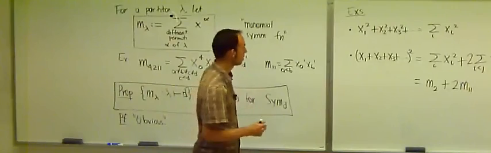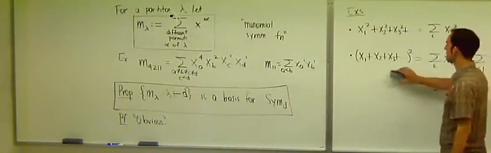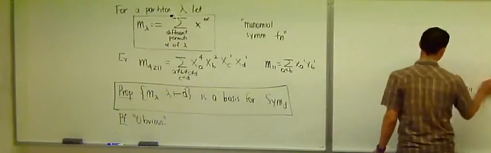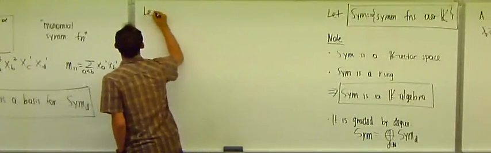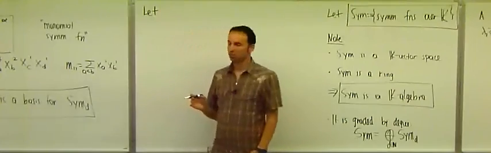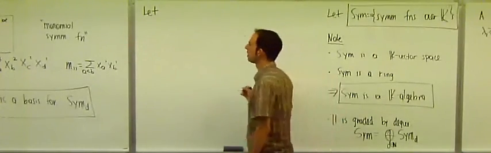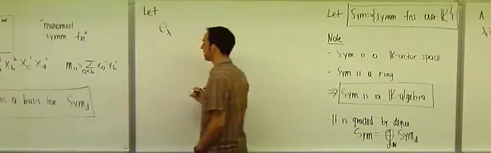Now, let me now define a different basis, and you'll see in a second why I want to define a different basis. So again, for a partition lambda, I'm going to define a different symmetric function, which I'm going to call E lambda.